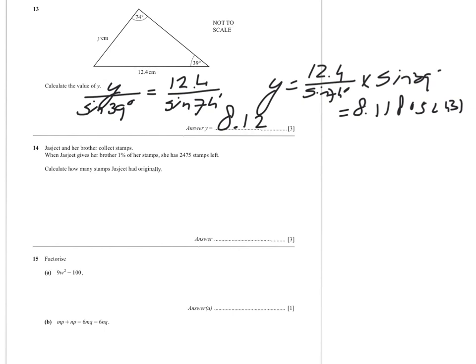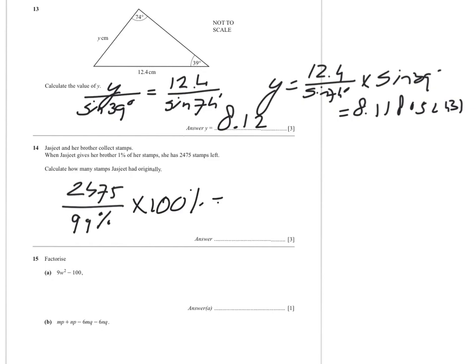What do you need to realize? You need to realize that those 2,475 stamps are 99% of the original amount. So divide that by 99. Why is it 99%? Because she gave away 1%, so she's got 99% left. So to find the original amount, I now times that by 100%. Now my common sense tells me that my answer should be more than 2,475 because she gave some away.